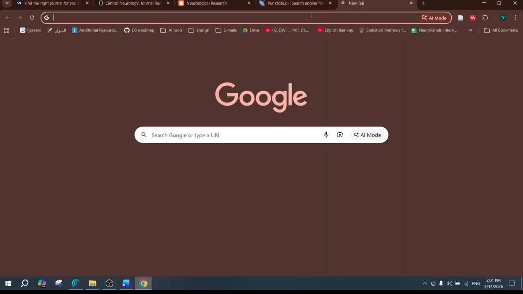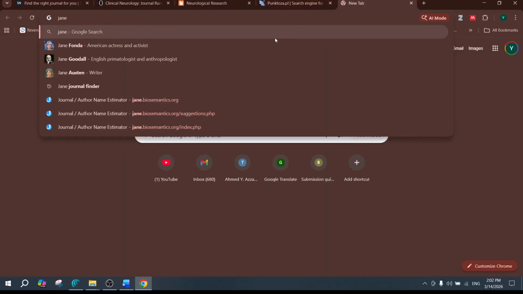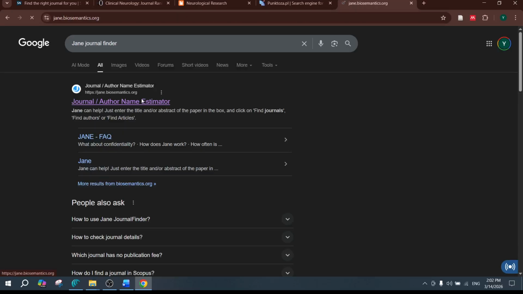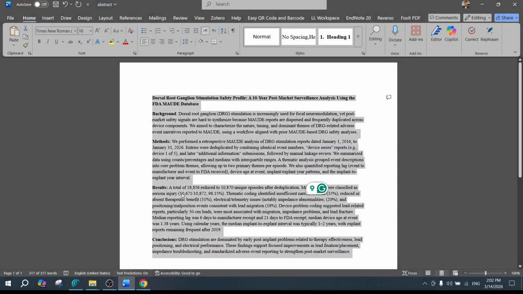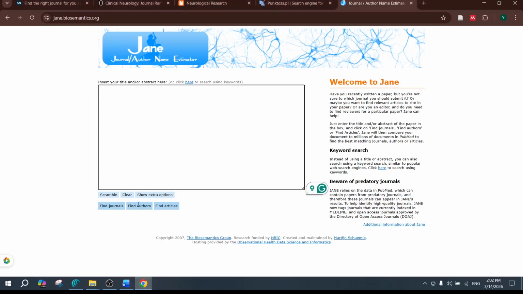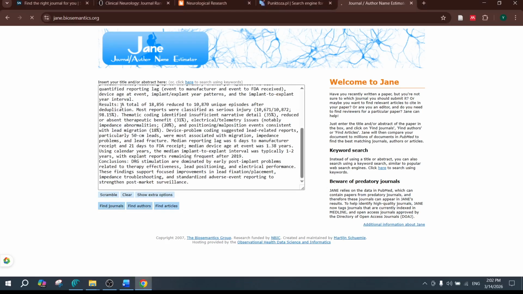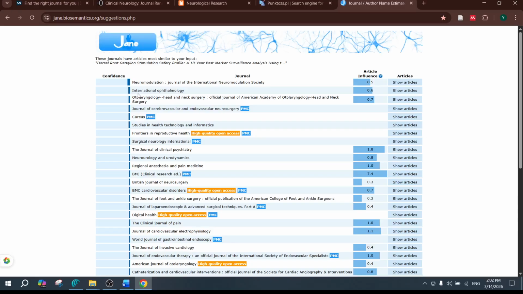Cool. There's also another tool named Jane, the Jane Journal Finder. Like the other journal finders the publishers provide, you can take the title and the abstract, copy and paste it here. This tool looks for other papers similar to your study or your article.